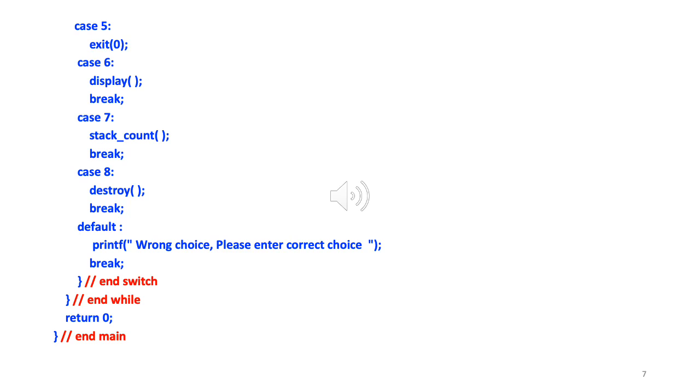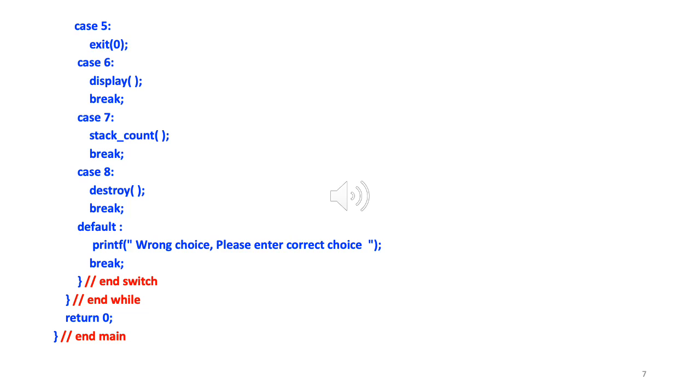And then again the switch will be executed, because note that all of this code is within while one. Okay. All of this, all the printf, the scanf, printf enter choice, scanf, ch, switch, all the cases, all this default, they're all within while one. So which means there's one and only one way of getting out of this while loop, and that is using the exit. There's no other way to get out.